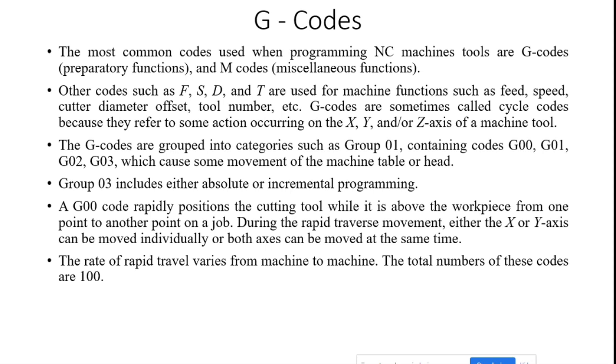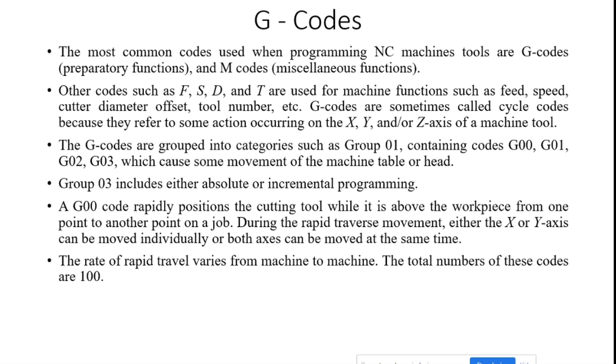Yes, the most common codes used when programming NC machine tools are G codes. G codes are also called preparatory functions, and M codes are also called miscellaneous functions. Other codes are also available with the G code and M code.